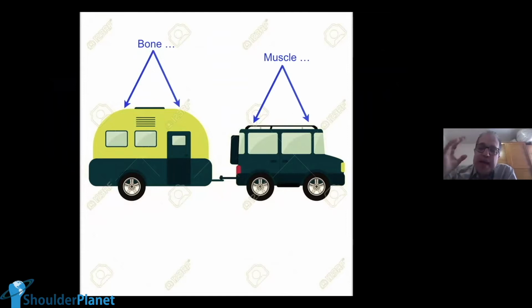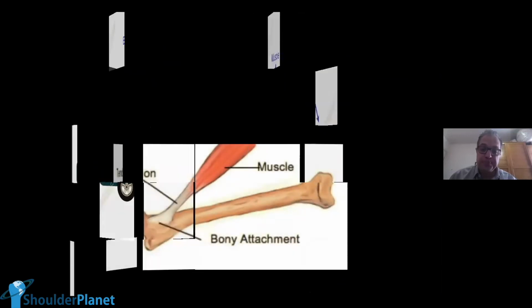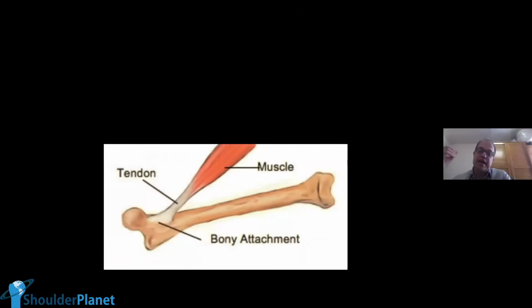But someone has to make the connection of the muscle to the bone, and that is the hitch. So this is the tendon. The tendon is the structure that transfers energy from the engine, which is the muscle, to the trailer, which is the bone. So this is a muscle, a tendon, and a bone.